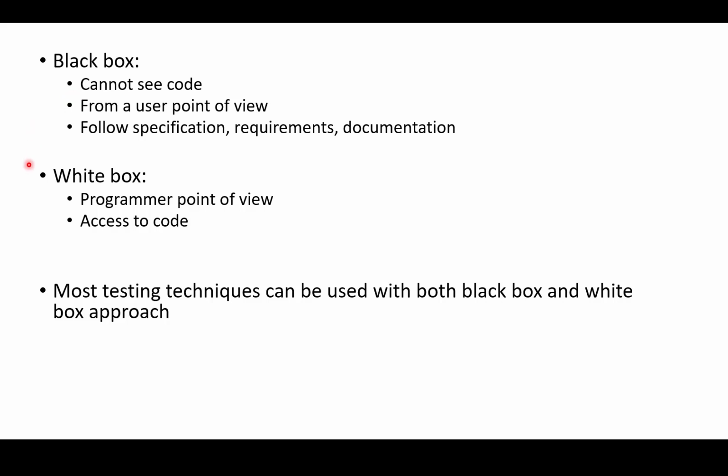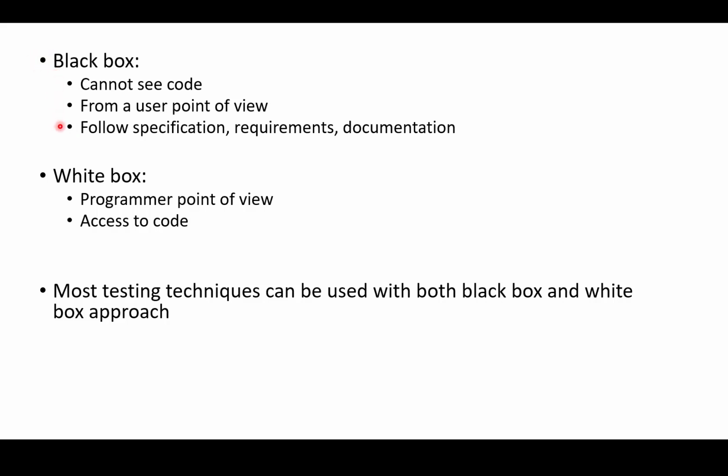So we can unit test using both a black box and a white box, but usually it's a white box approach. It's the programmer that writes the unit tests for his own code, but you might end up in a case where you want to unit test some kind of third-party library, for example the JDBC jar file or some jar file from JavaFX library.